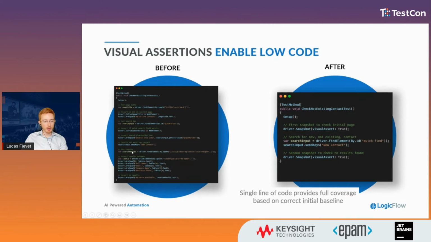It requires a lot of fetching elements on the page, different labels, asserting them one by one by text. All of this can really be simplified with 2 snapshot statements that will provide full coverage of the page in a visual scenario, and it significantly reduces the amount of code needed to check these pages.